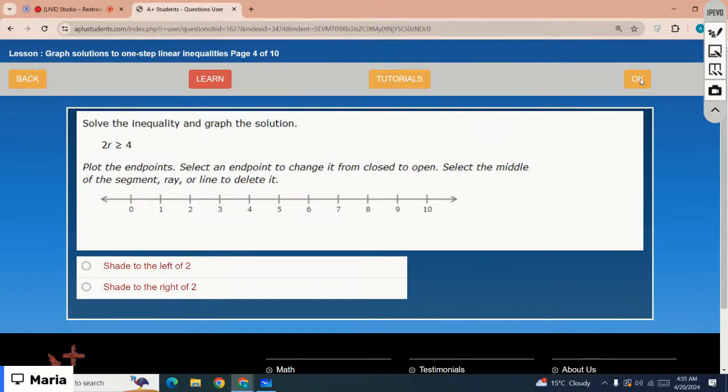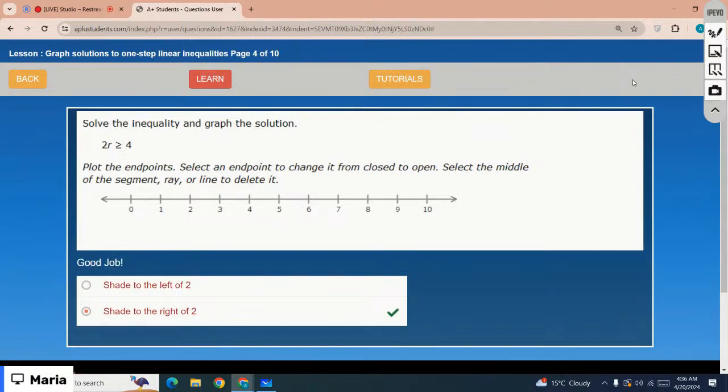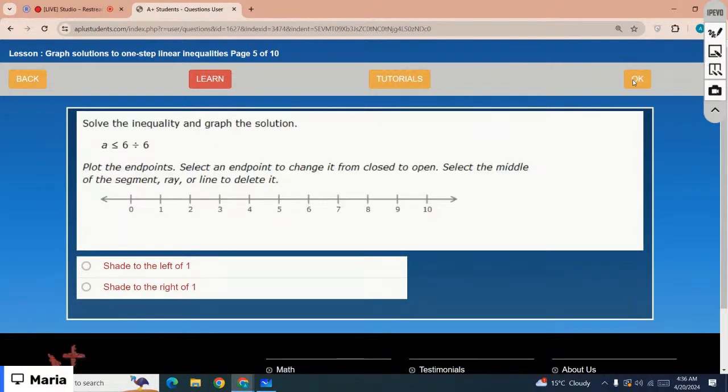So which is the correct option? That is shade to the right of 2. Solve the inequality and graph the solution. So which is the correct option?